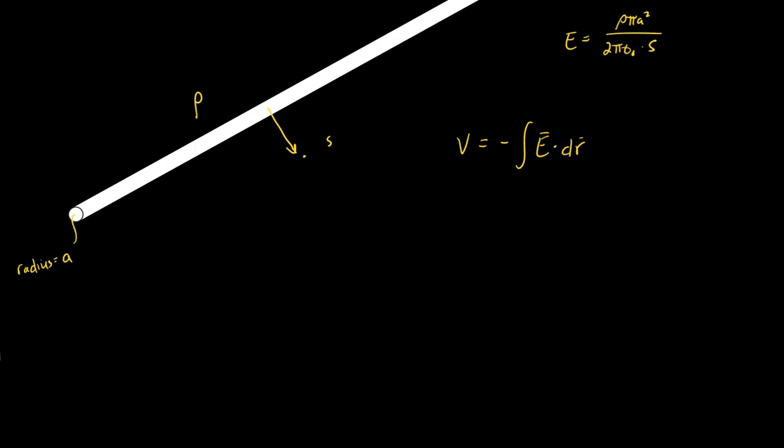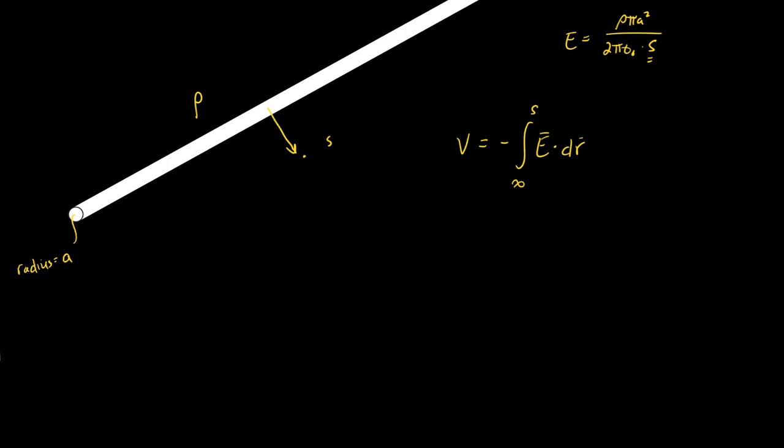And at the same time, if we're finding the electric potential, we have to start someplace far enough away. Right, where the electric field is 0, that'd be infinitely far away. Now, S represents this specific spot.